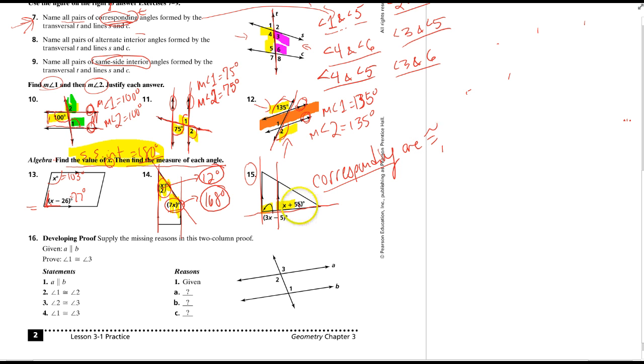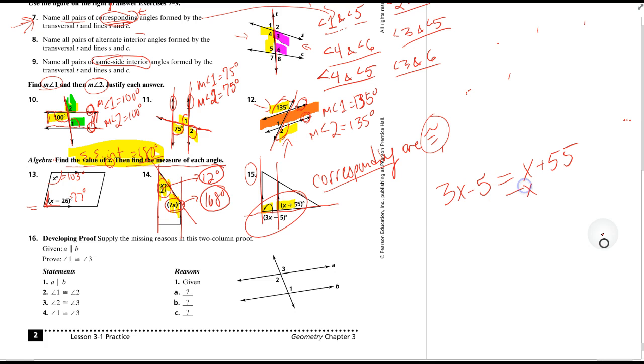What does that look like to set it up as algebra, though? Corresponding angles are congruent, so that means the 3x minus 5 will be equal to the x plus 55. So when they're congruent, that whole 180-degree thing has no bearing on it. So now let's solve.